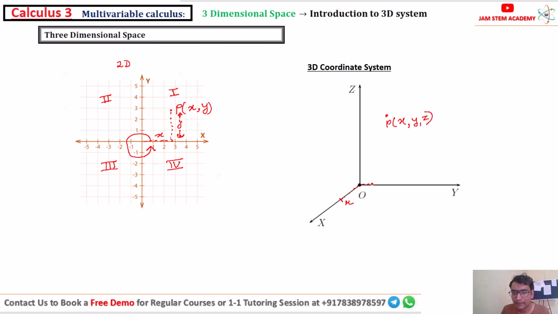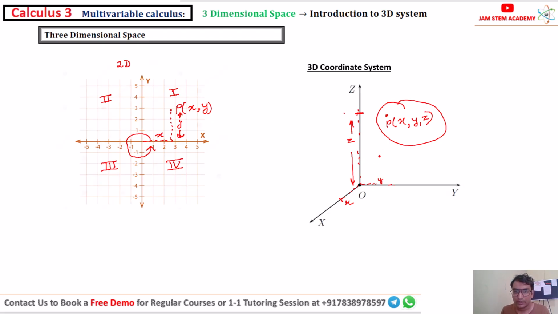Y is the distance traveled along y direction, and z is the height part. Okay. So here this is z part. So in this way, you can mark the coordinates of the point, but this time it will not make quadrants. There will be octants, 8, right? 8 rooms, you can say.